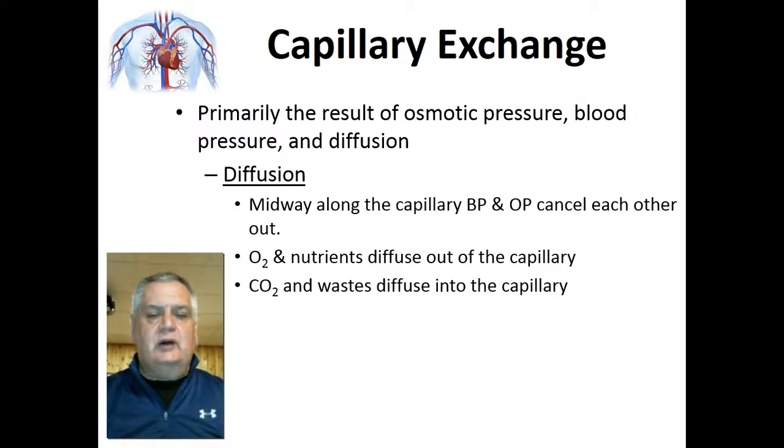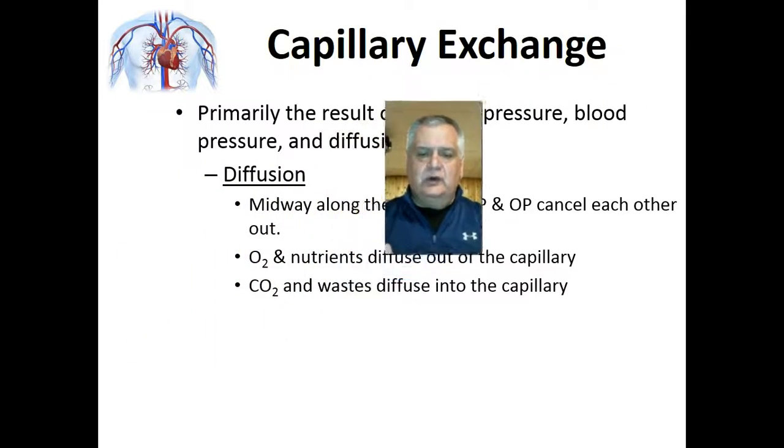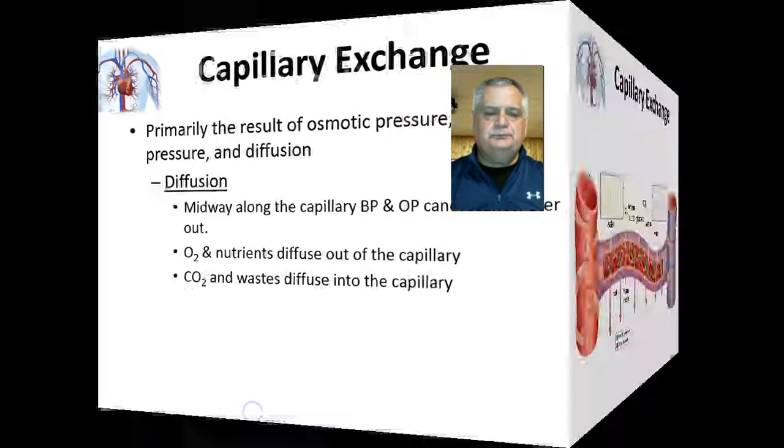Oxygen and nutrients go out because they're moving from where they're in high concentration in the blood to where they're in low concentration, to the interstitial fluid and eventually into the cells. And carbon dioxide, which is produced by the cells, and waste products produced by the cells, are going to be at high concentration in the cells. So it's going to move from the cells into the interstitial fluid and eventually into the blood.